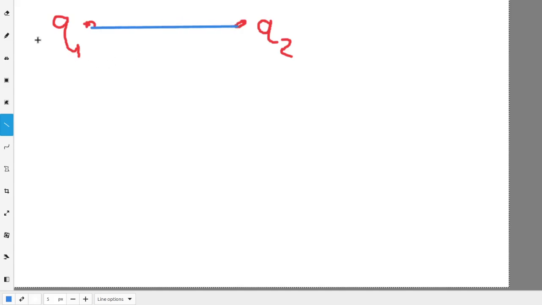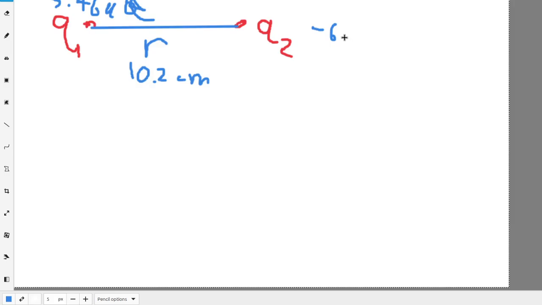And this is going to be R, 10.2 centimeters. Sorry about this, I have terrible handwriting. Microcoulombs. So let's do this.